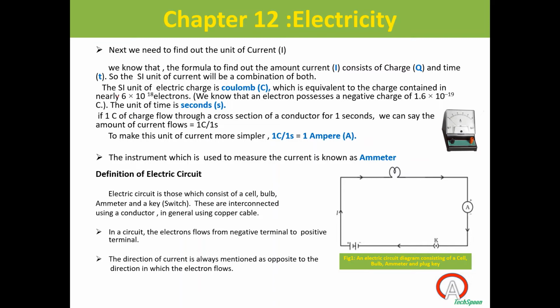Which is equal to 6 into 10 to the power 18 electrons. So 1 coulomb of charge is equal to the charge of 6 into 10 to the power 18 electrons.